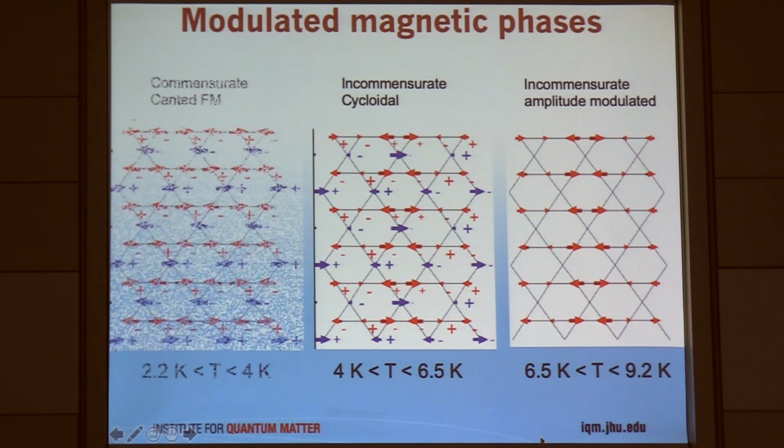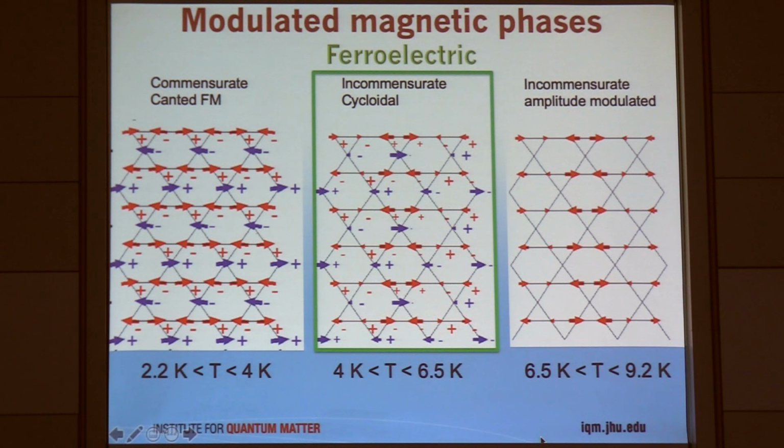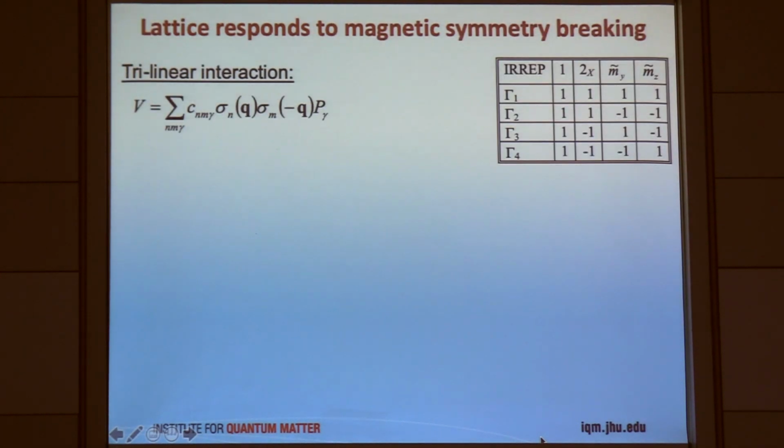And then eventually, and we won't talk so much about that, you get into a commensurate canted ferromagnetic state. But just this is the state which actually has the ferroelectric polarization. And you can see from a symmetry analysis that this has to be the case. So this kind of term, which we call a trilinear interaction, is allowed.